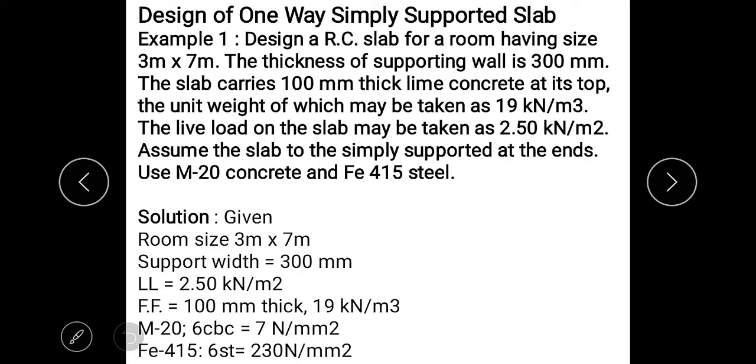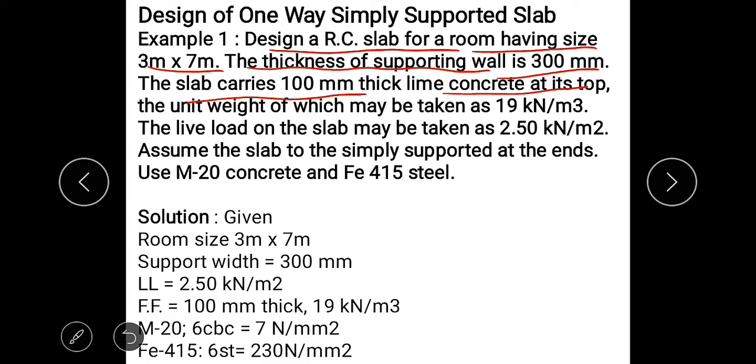Example number 1: design an RC slab for a room having a size 3 meter by 7 meter. The thickness of the supporting wall is 300 mm, and the slab carries 100 mm thick lime concrete at its top.